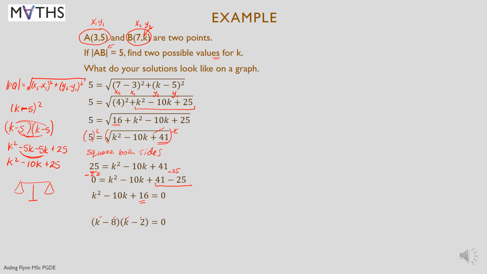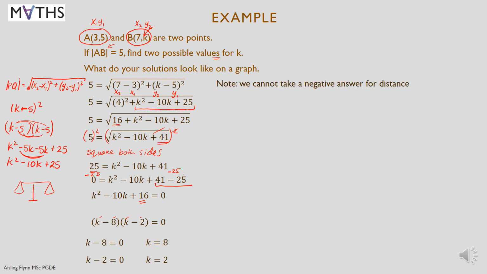You can pause the video at this stage also and work out the factorizing as you would normally and make sure that you get the same answer. The next step is to put each factor equal to 0. So k minus 8 equals 0. When you solve that, you get k equals 8. The other option is k minus 2 equals 0. When you solve that, you get k equals 2. So we found our two possible values for k.